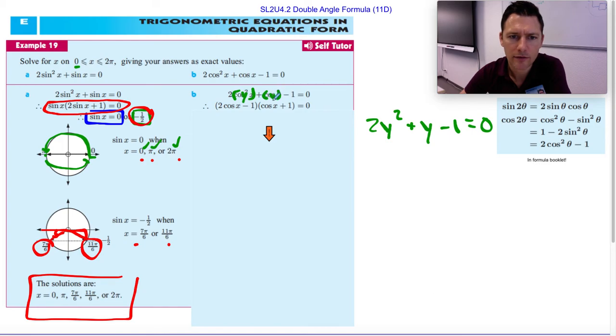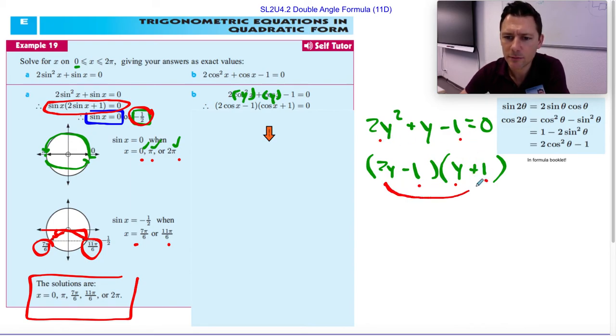This would be y also. So this you could factor into 2y minus 1 and y plus 1. The 2y and the y would give you 2y squared. This would give you this, and here you get positive 2y's minus a y would give you that.